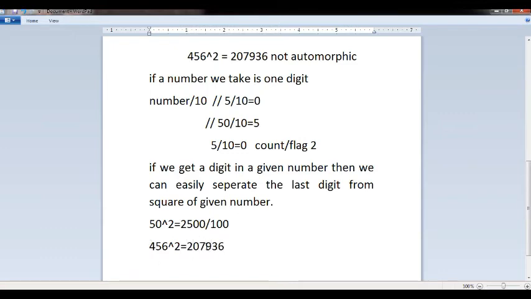Here we have to check the last 3 digits. To separate these last digits, firstly we find the number of digits. After the loop terminates, we get count or flag value equal to 3 in the 456 example. So we can take it by 1000, and we get the last digits. Is that clear to everyone?